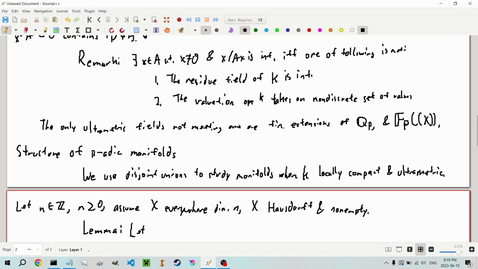So let r be a positive real number and x be in K to the n.